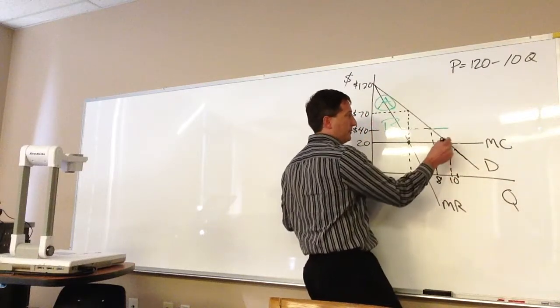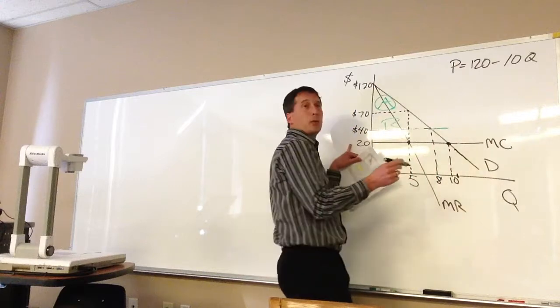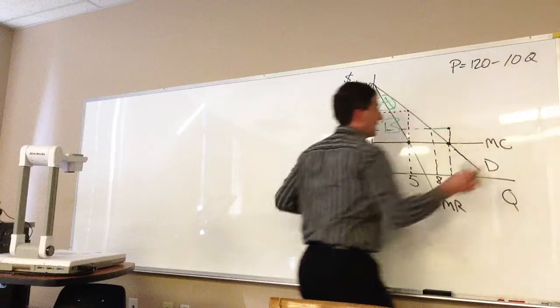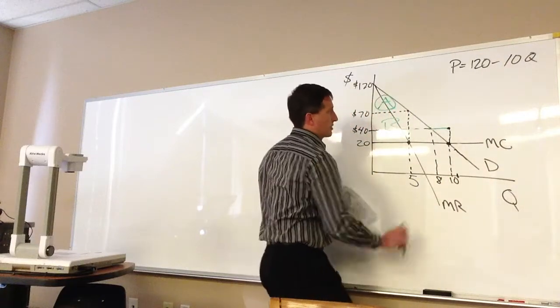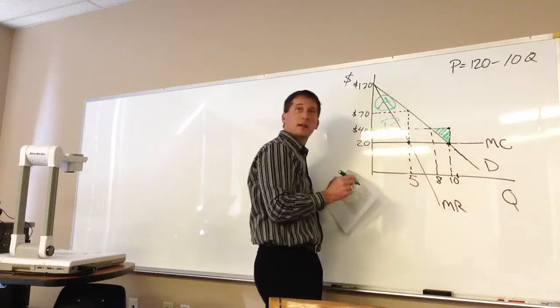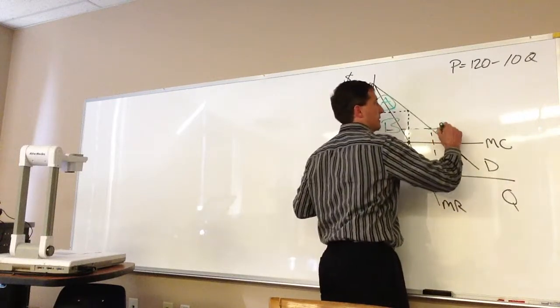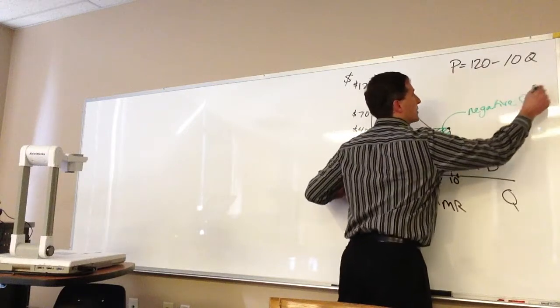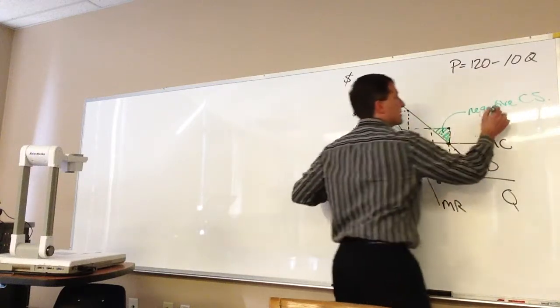So at 10, they were willing to pay $20, but they didn't. They paid 40 according to the scheme. And as Chelsea pointed out, they lost some area here. So this is negative consumer surplus.